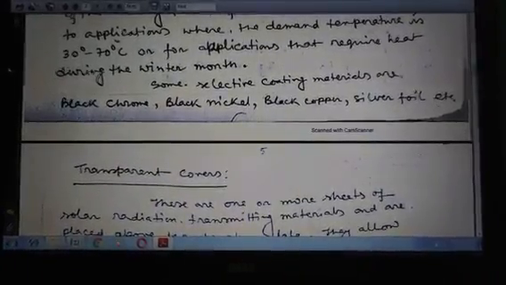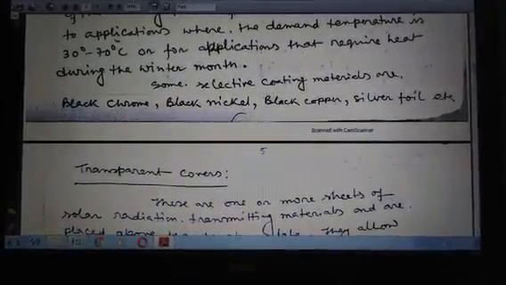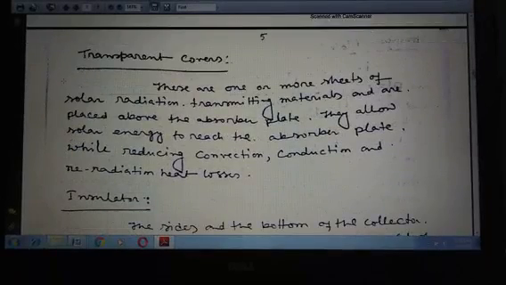Now the transparent cover. These are sheets of solar radiation transmitting materials placed above the absorber plates.